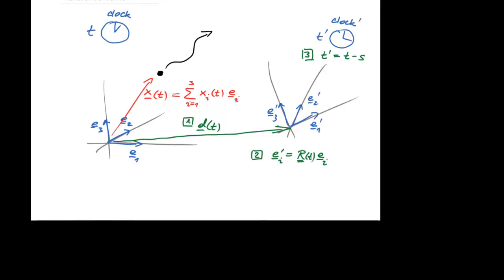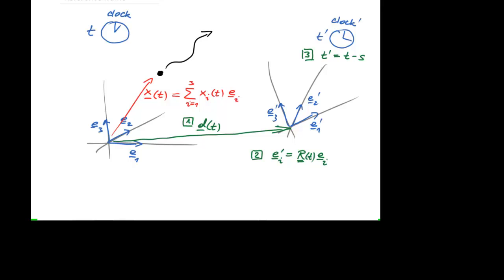So if my original frame is an orthonormal frame, so the e_i are unit vectors and they are orthogonal, then the new basis will also be an orthonormal basis. And there again was the question, is this really the most general way we can do that? And again, the answer is no. You could also envision more general transformations where the new reference frame is no longer orthonormal.